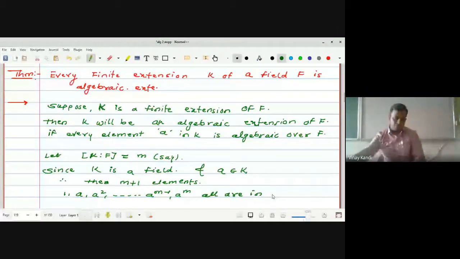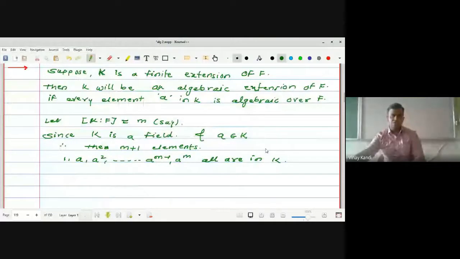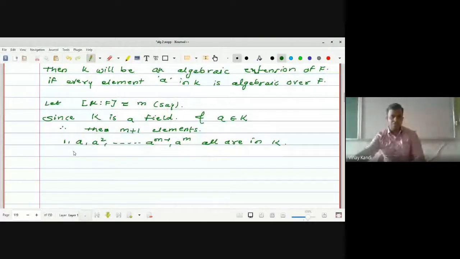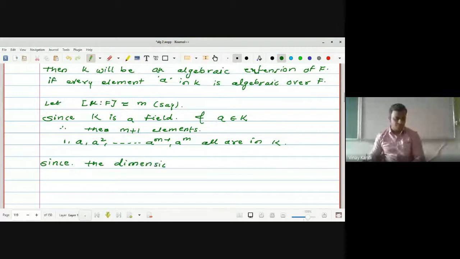Since A belongs to K, the m plus one elements are all in K. Okay, now since the dimension of the vector space K over F is m.